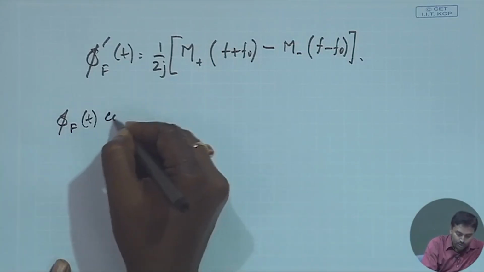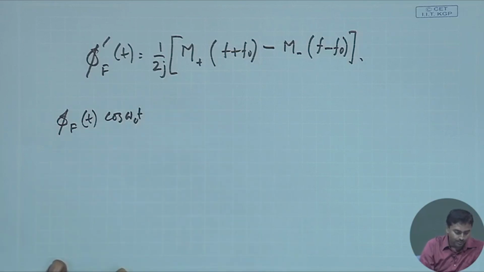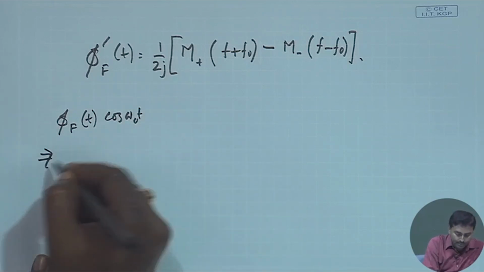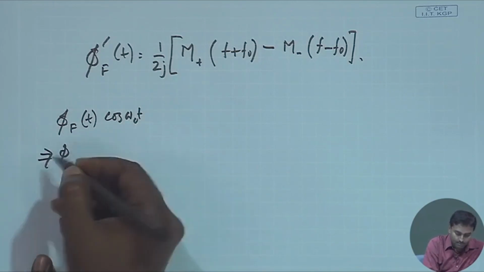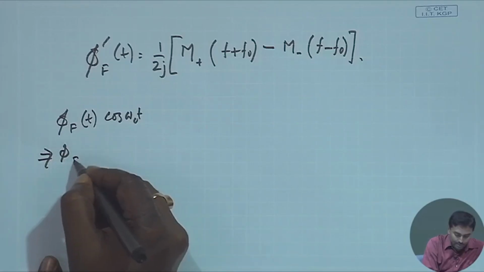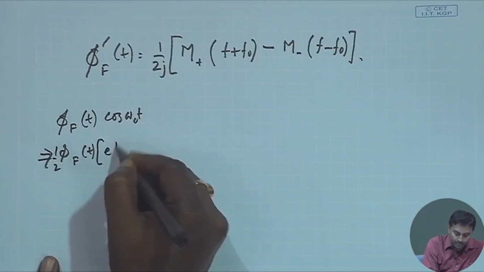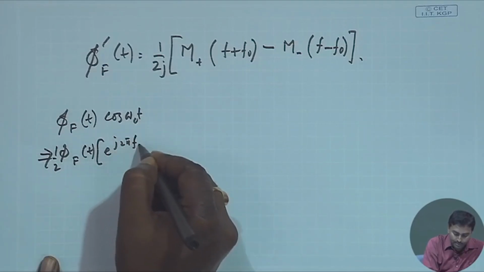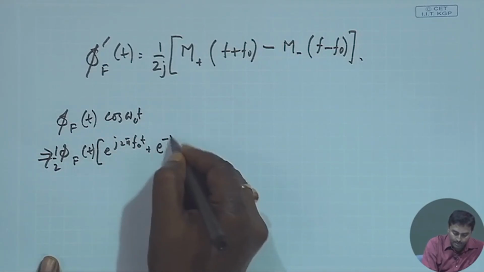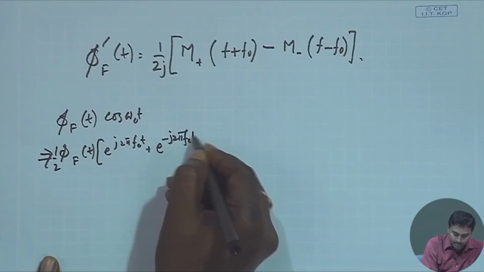So, this into cos omega ct, right, this is what we will have to do, which is nothing but phi f t into, again we can write half e to the power j 2 pi f c t plus e to the power minus j 2 pi f c t.